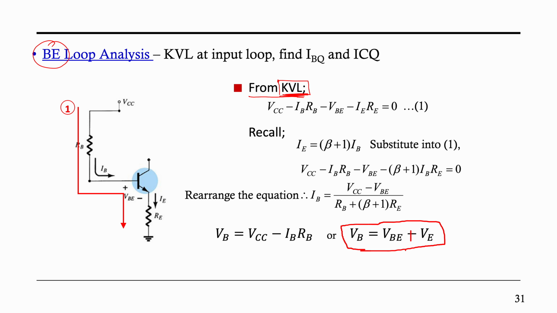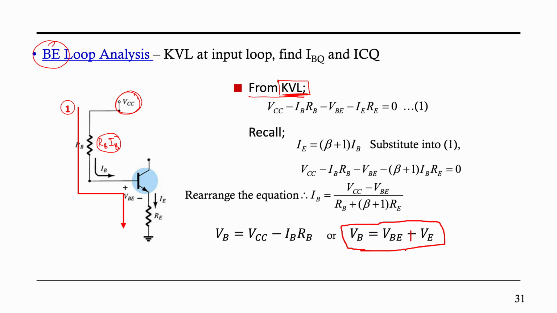The KVL says that our voltage source VCC is equal to the voltage dropped across the resistor at the base, which is RBIB.